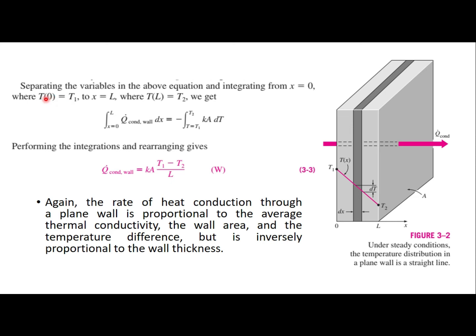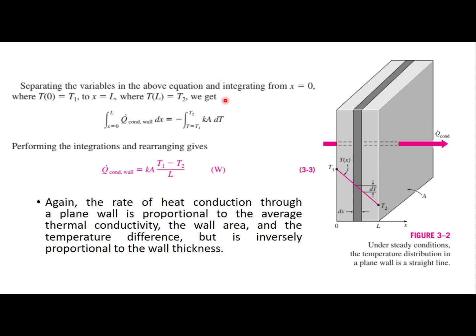It means the temperature at 0 length, where x is equal to 0, is equal to T1, right? Then going to x equal to L, the temperature will go from T1 to T2. So T at L, the temperature at length L, will be equal to T2, right?